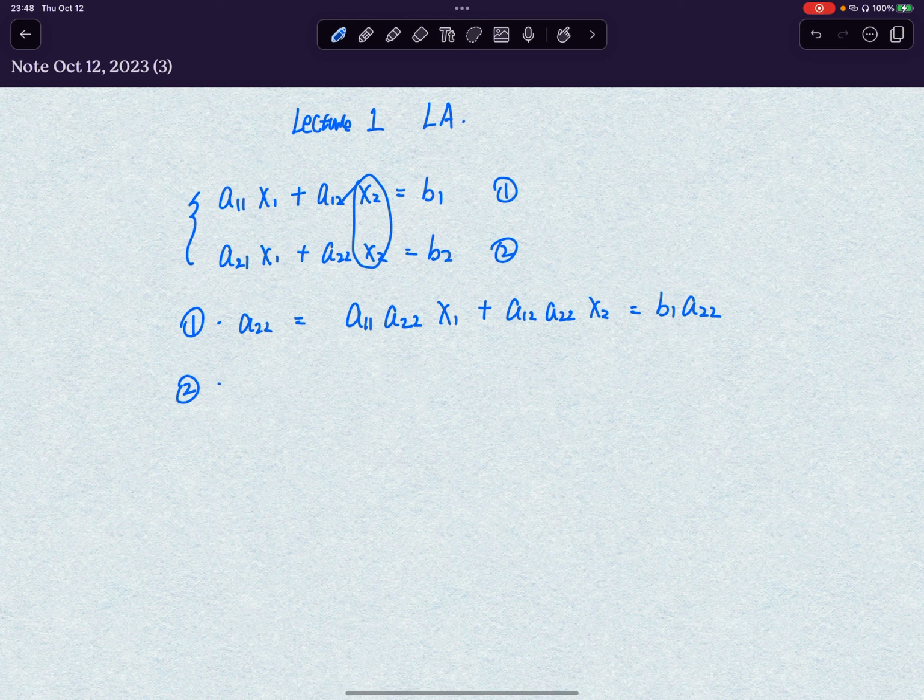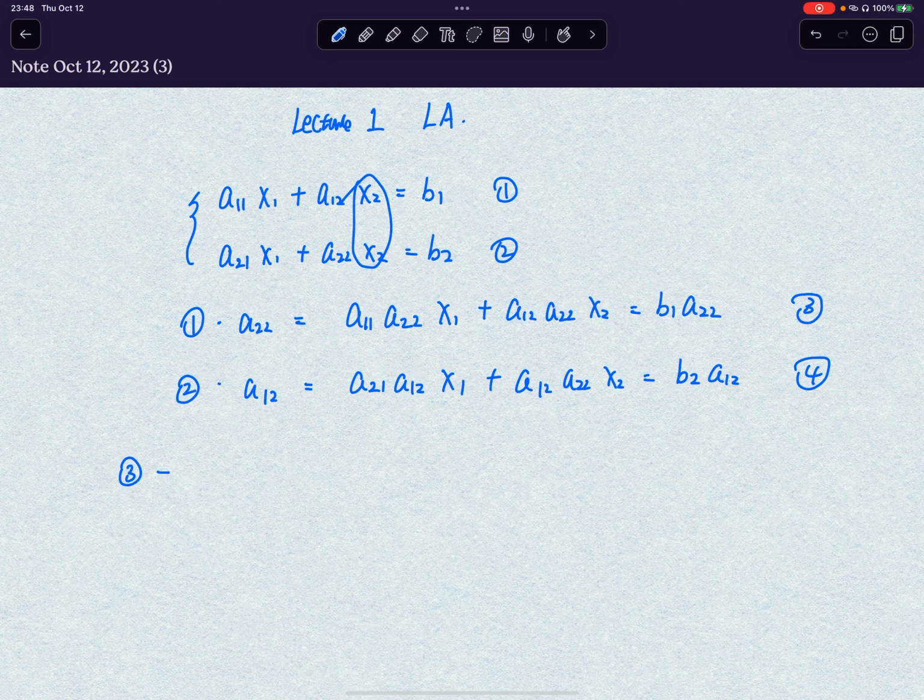And the second equation times a12 equals a21 a12 x1 plus a12 a22 x2 equals b2 a12. So this is 3 and this is 4.